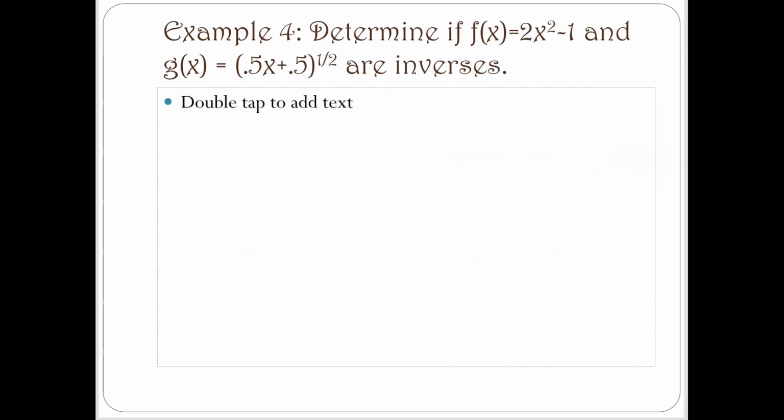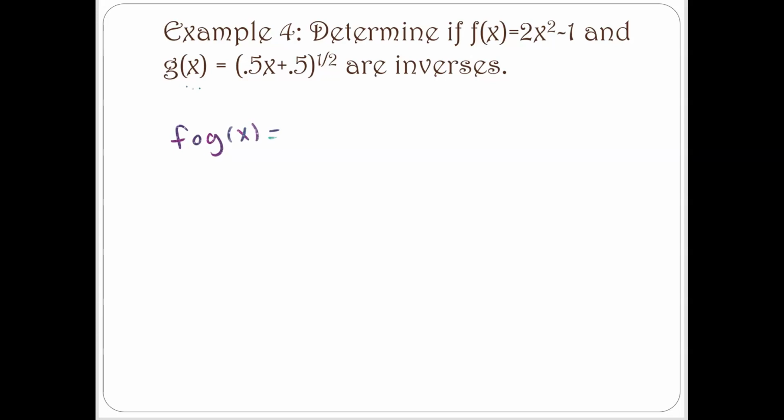Let's look down at the next example. We're going to do the same thing. We're going to start with f of g of x. So we're going to plug g into f. So you have 2 times something squared minus 1. That something squared is the square root. Remember, anything to the 1/2 power is the same as the square root of 0.5x plus 0.5, minus 1.